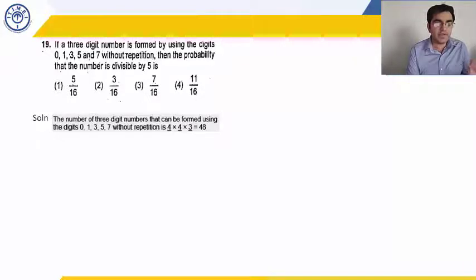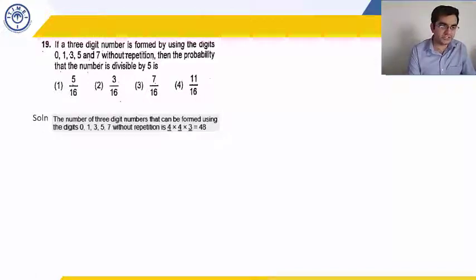Attack restriction first. Always you attack wherever there is a restriction. Now, where is there a restriction over here? The restriction is in the first place because first place 0 cannot occur. So the first place can be filled in 4 ways, any of the remaining 4 digits, but not 0. Okay, so now 1 digit is used up, 3 digits left and the 0.